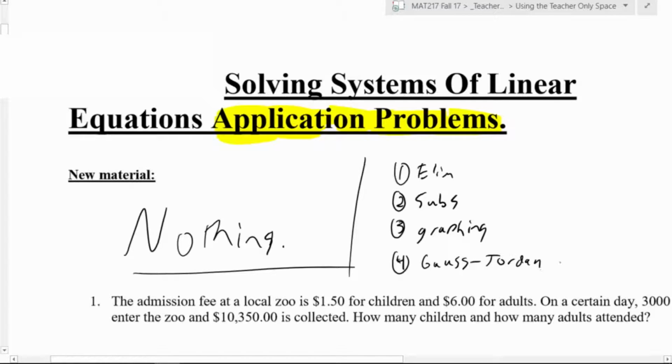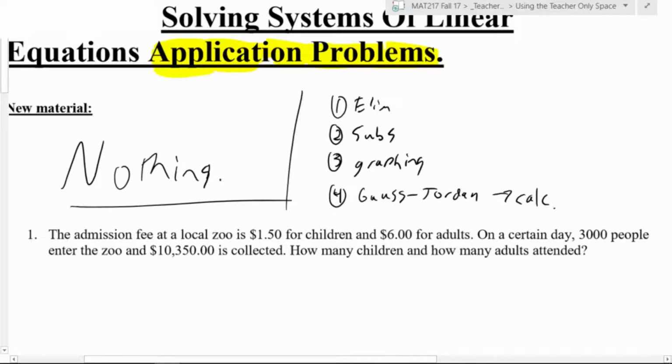And of course, you can use your calculator if you don't need to practice the method. If you have the pattern down, just use the calculator on the big messy problems. So this is basically just practice. The section is just practice.